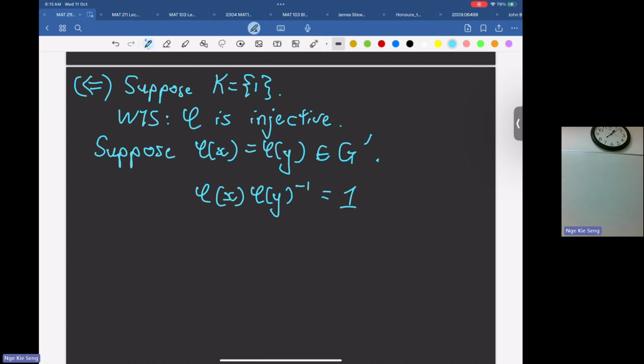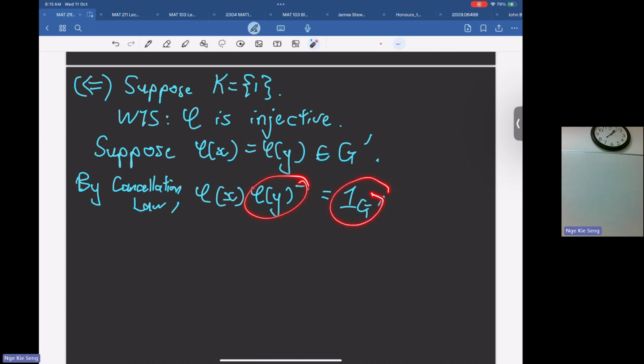To use the cancellation law, make sure you know the inverse axiom, and then you apply it on the same side. I'm not sure why some of you applied it on the left on one side and on the right on the other in the assignment. When I give back your assignment, please check. So what's the next thing we can do?